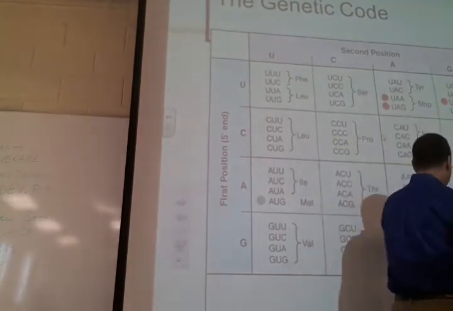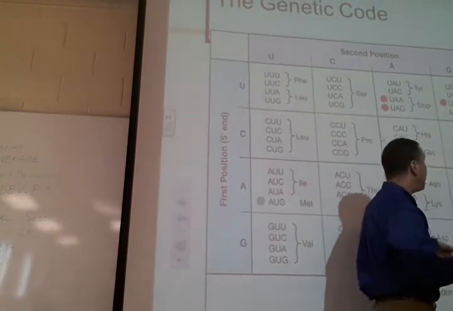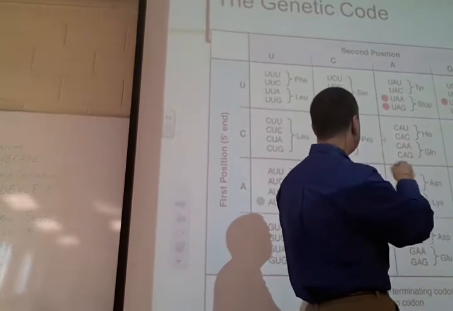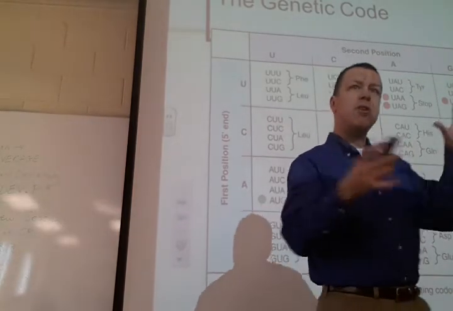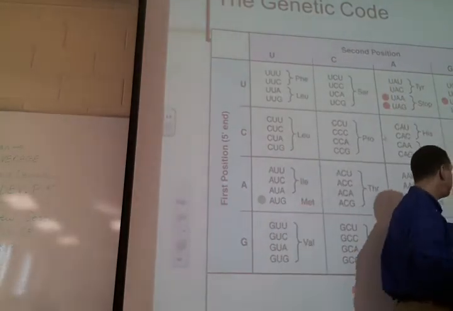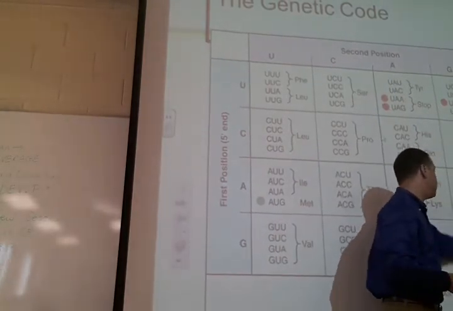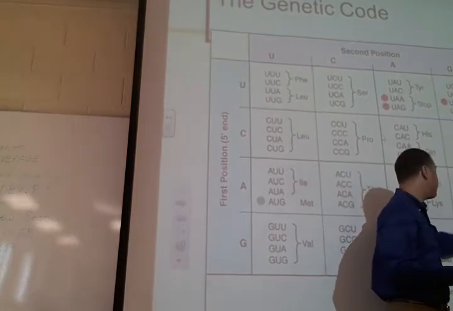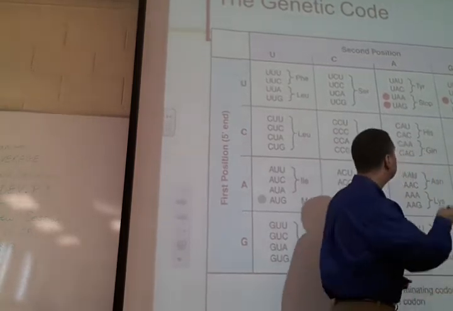Okay. And that's true for any 4. Arginine are those 4. Serine, those 4. Proline, those 4. So they're always sort of clumped together. And we can see patterns then. So glycine is encoded by GG anything, right? So GG whatever codes for glycine.